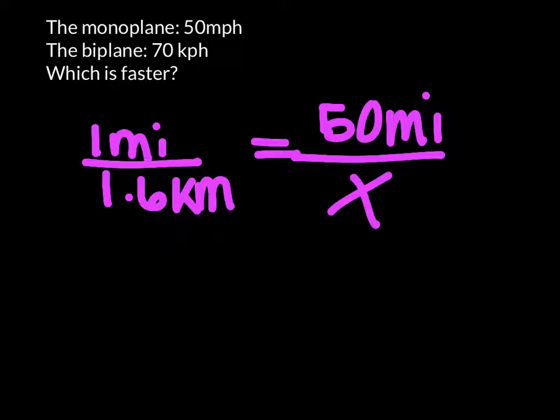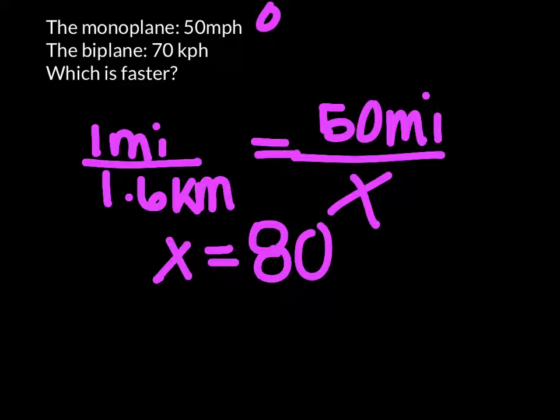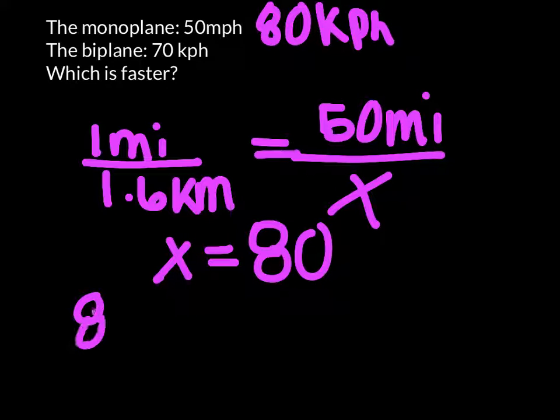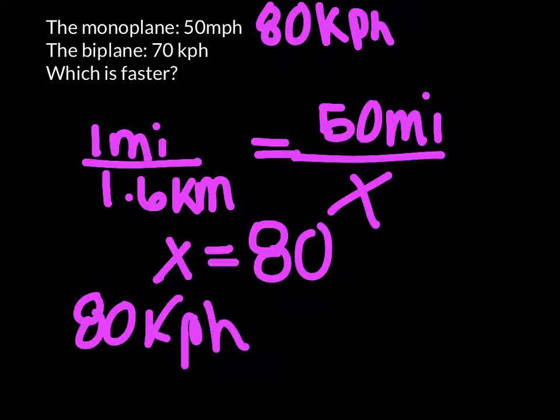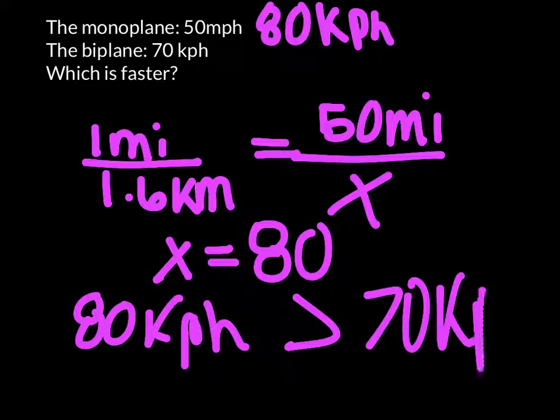Now x equals 50 times 1.6, which is 80. That means the monoplane would go 80 kilometers per hour, so the monoplane is faster. We'll put 80 kilometers per hour is greater than 70 kilometers per hour.